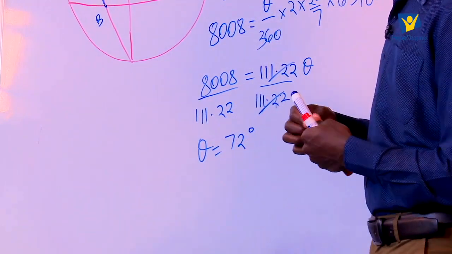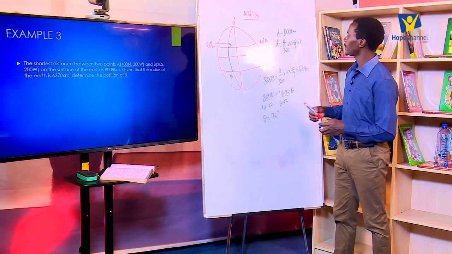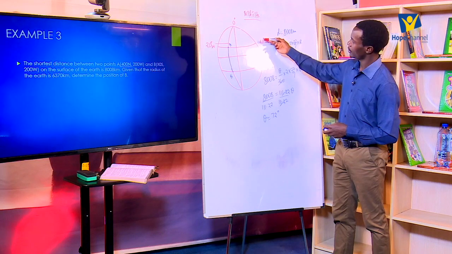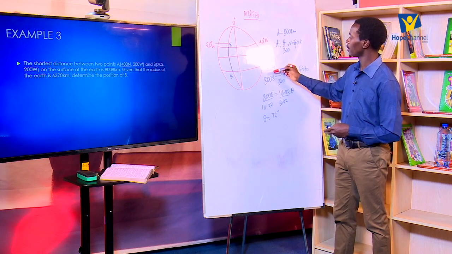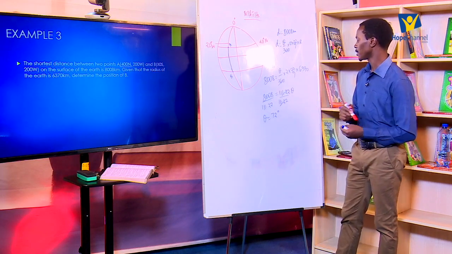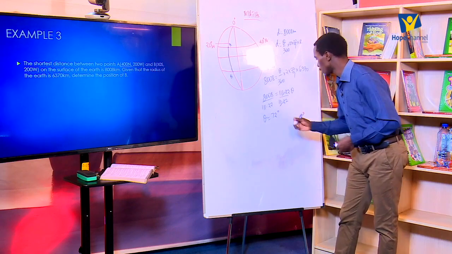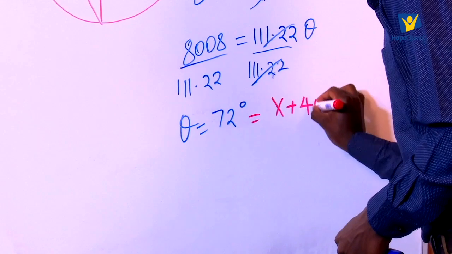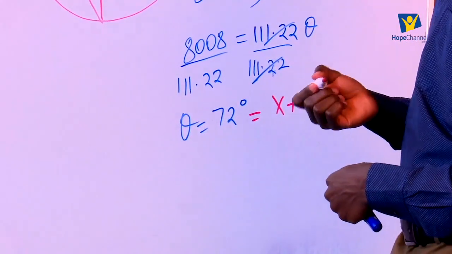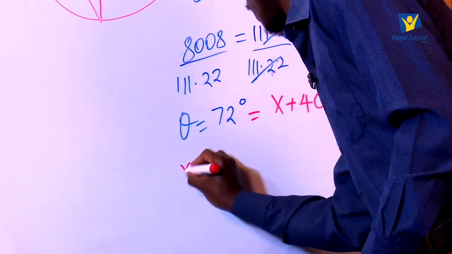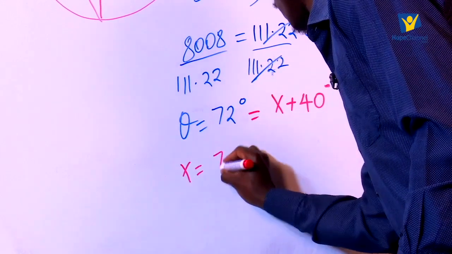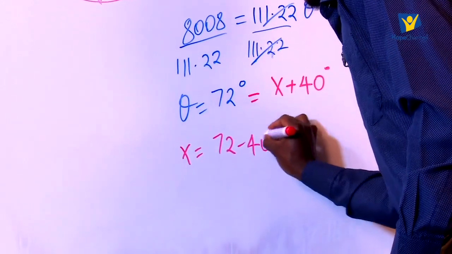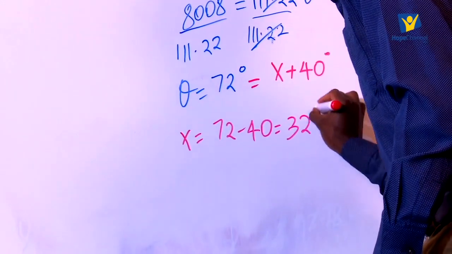But remember, 72 degrees is the difference in latitude between 40 degrees north and x degrees south. So 72 is equal to x plus 40. So what is the value of x? x will be equal to 72 minus 40, which gives us 32 degrees.